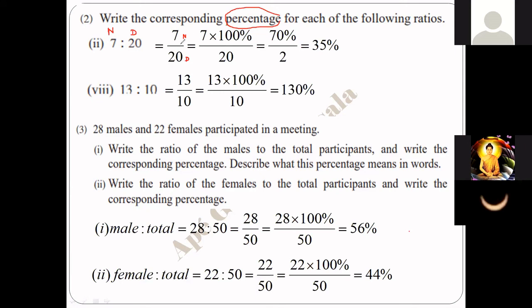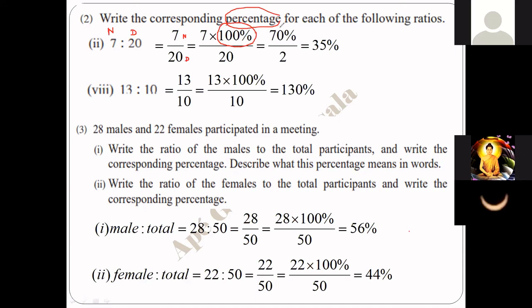Then this is a fraction. How to convert this fraction into a percentage? You can convert any fraction, whole number or decimal number into a percentage by multiplying by 100%. So multiply 7 over 20 by 100%.